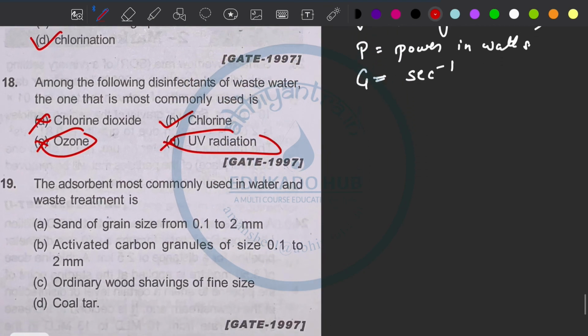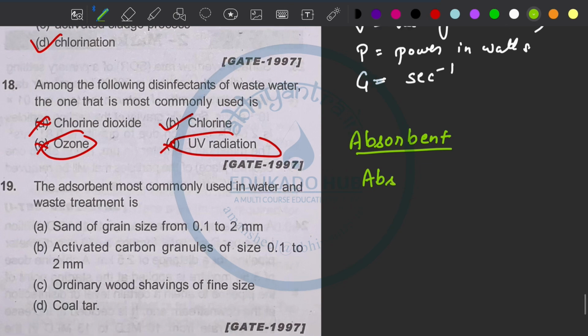Question 19. The absorbent most commonly used in water and waste treatment is. So what is an absorbent? First of all, absorbent. And what is absorption? Why do we need absorption? An absorbent is something which absorbs, right? So why is absorption needed in water treatment?